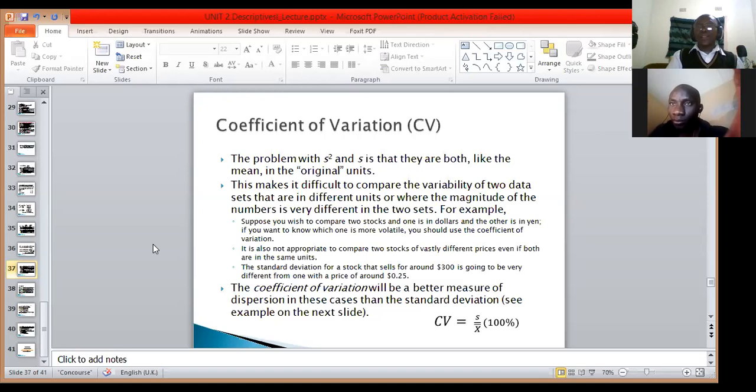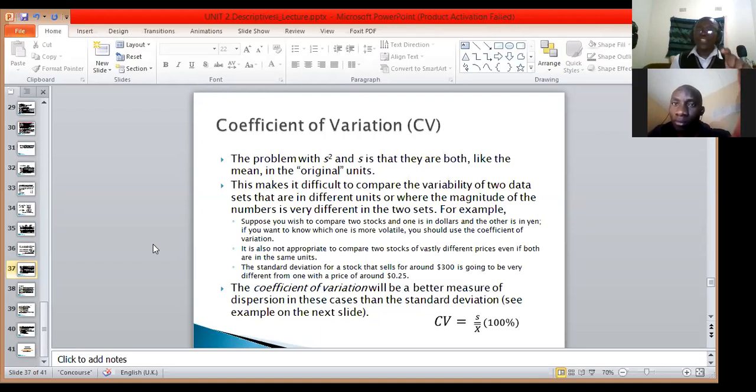Our next measure of variation is what is called the coefficient of variation. The coefficient of variation is expressed as a percentage.